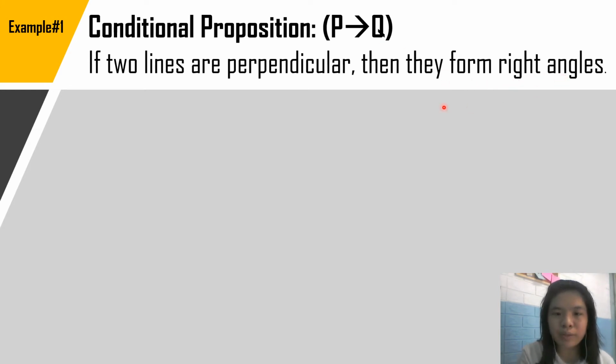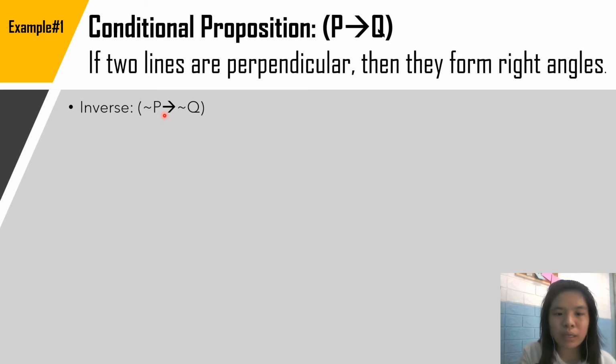Our first form of conditional proposition is the inverse. As discussed a while ago, to get an inverse proposition, we only have to negate both the hypothesis and the conclusion.